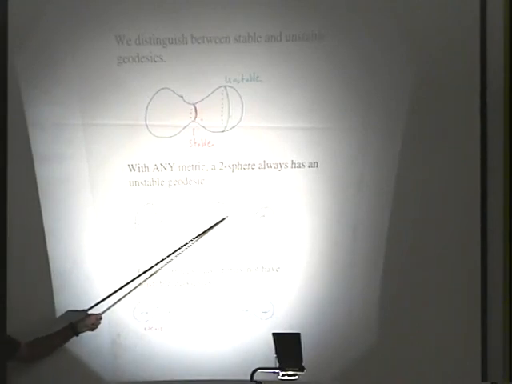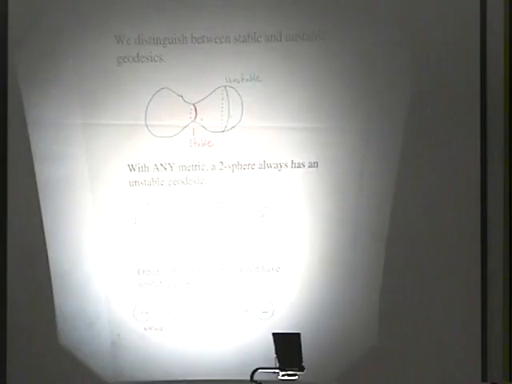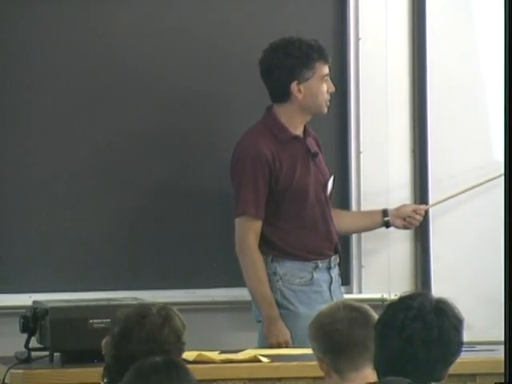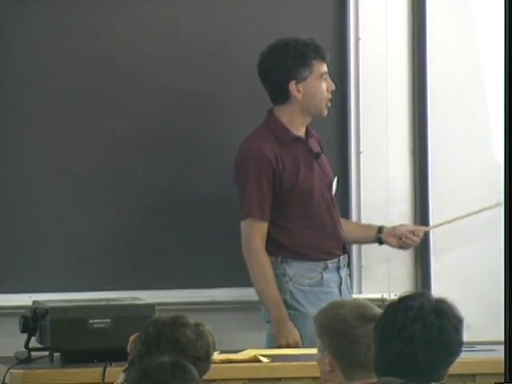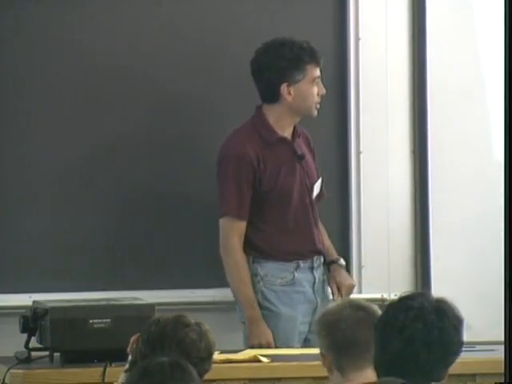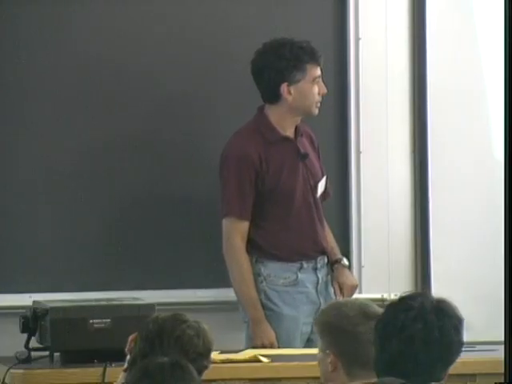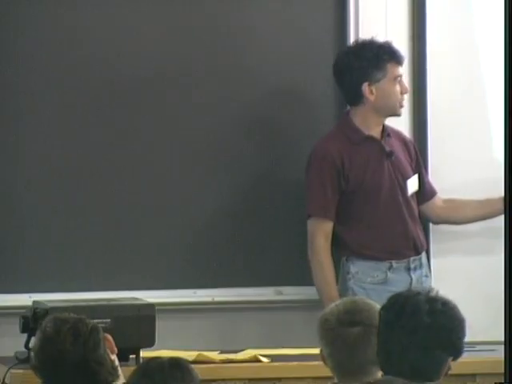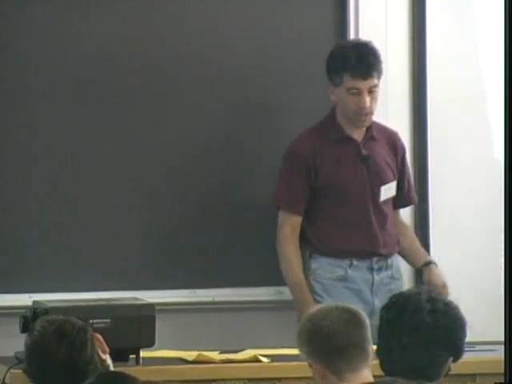In each case, you can find some unstable geodesic somewhere, often more than one. But other surfaces may or may not have any. For example, this genus 2 surface has no unstable geodesics if I take, say, a hyperbolic metric on it. And this other surface of genus 2 does have an unstable geodesic.